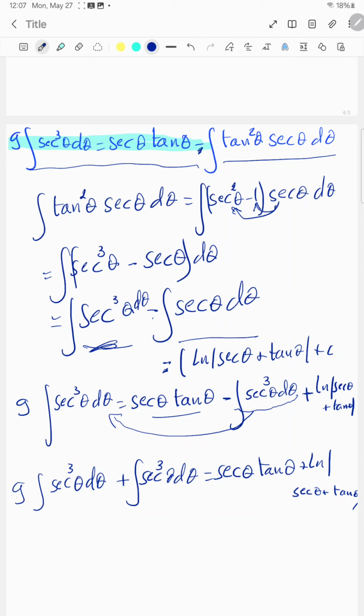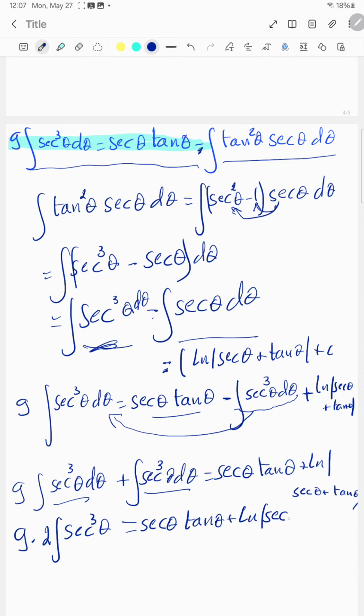So now let's keep the 9. Sec theta plus sec theta is 2 times sec theta. So 9 times 2 times the integral of sec to the power 3 of theta equals sec theta tan theta plus ln of sec theta plus tan theta plus c.